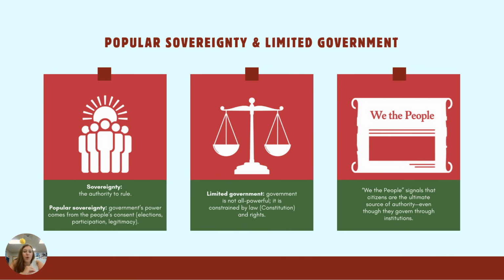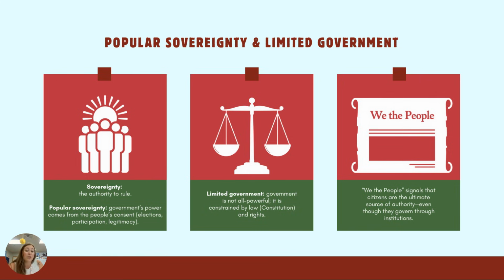There are also constitutional principles like popular sovereignty and limited government, right? So I have some of those defined here as well. Sovereignty is authority to rule. Popular sovereignty is going to mean the people. The people rule. The government gets its power from us. Limited government is the idea that government is not all powerful. It's constrained.